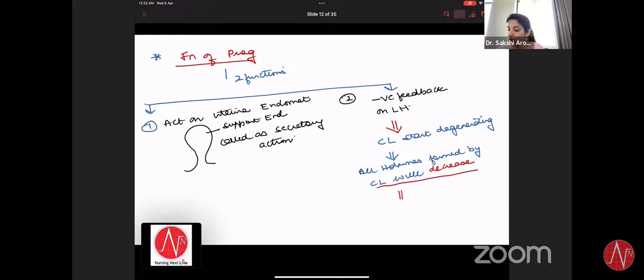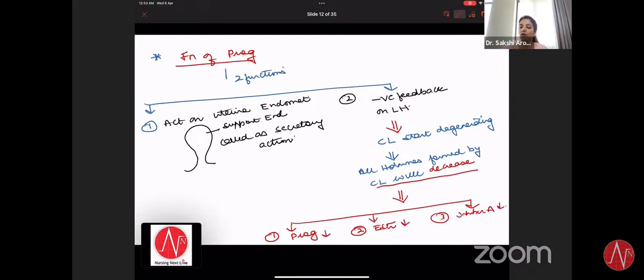Now you are going to tell me कौन कौन से हार्मोन डिक्रीज होंगे? नंबर 1 प्रोजेस्टेरोन, नंबर 2 estrogen, number 3 inhibin A. All three of them are going to decrease. Yes, यहां तक समझ में आ गया?